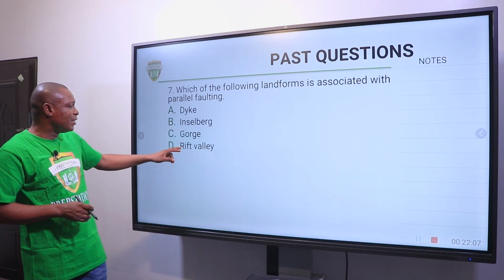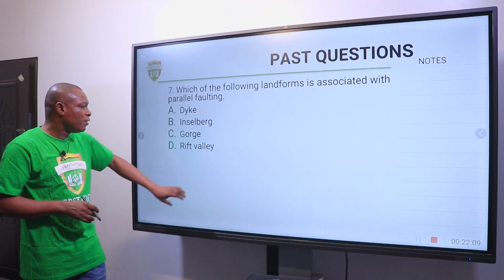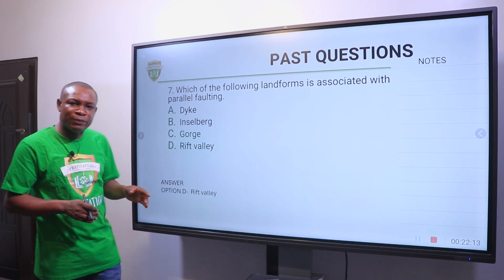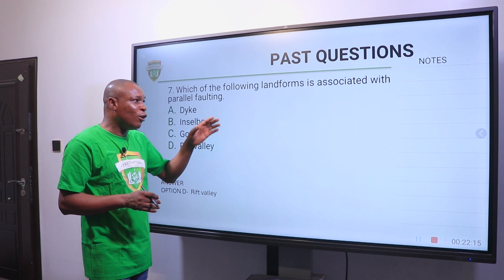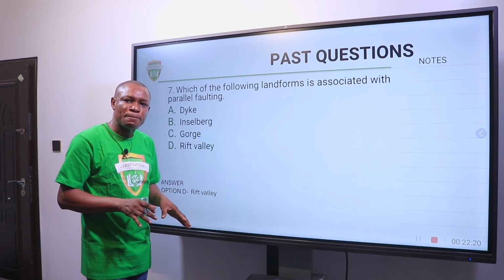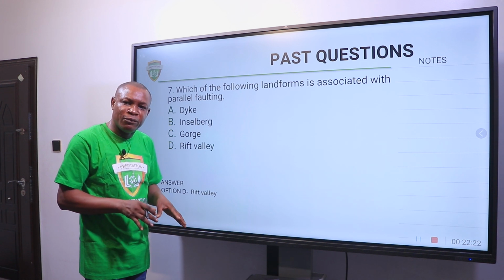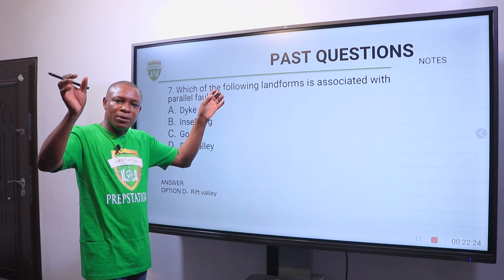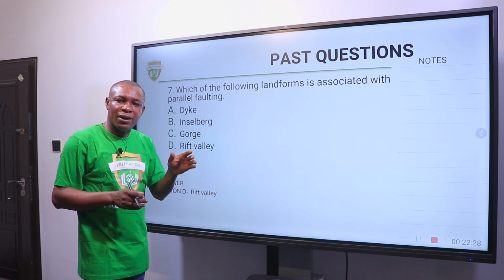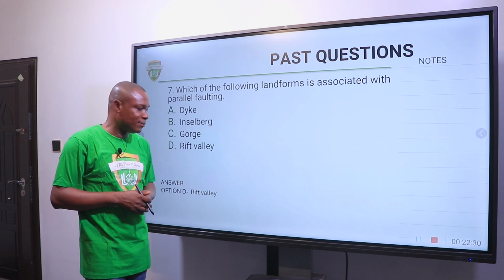The right answer is option D, which is rift valley. It is a faulting. From faulting, we can have the subsidence of one of the portions to give rift valley, and then the remaining standing part is what will constitute the block mountain, the horst.